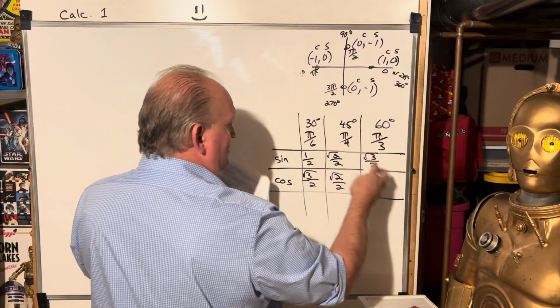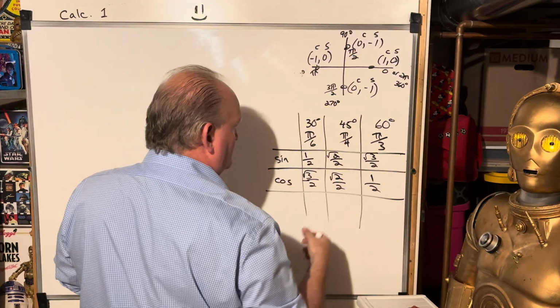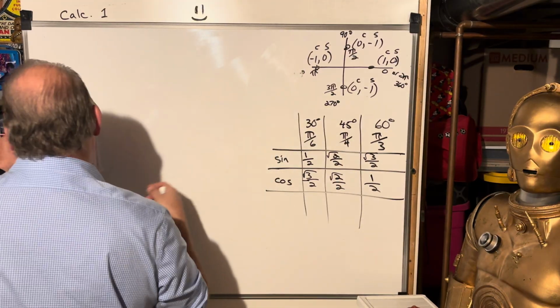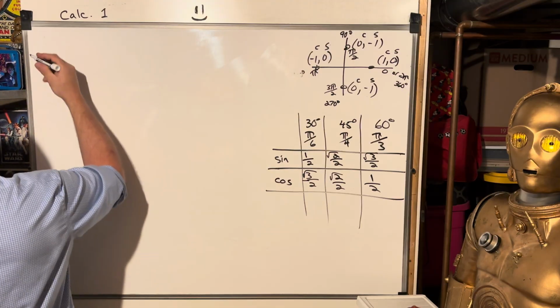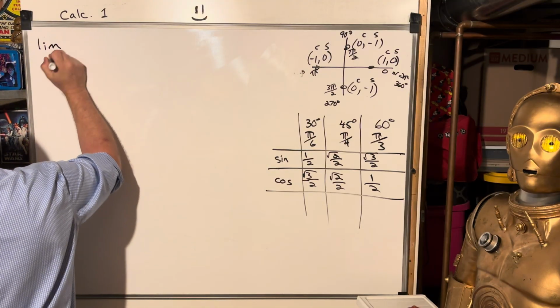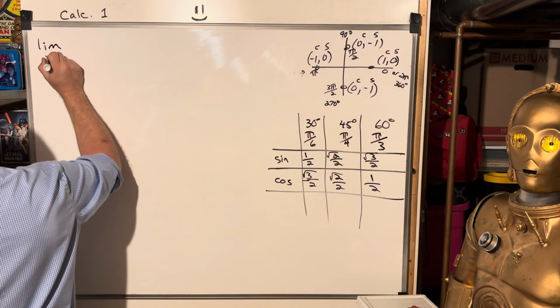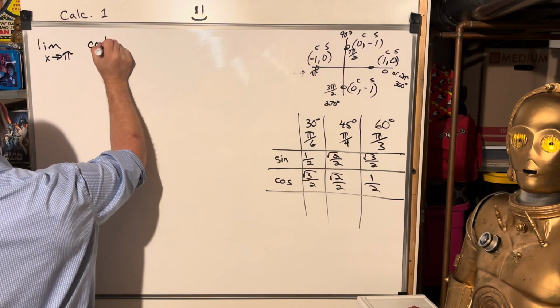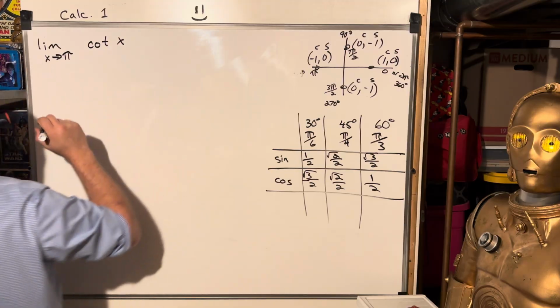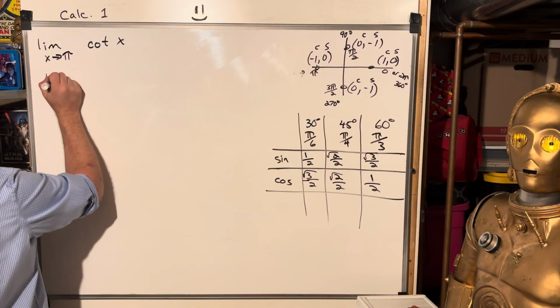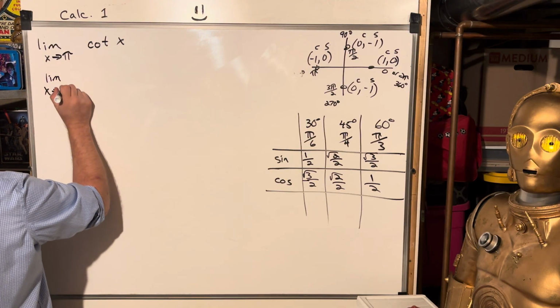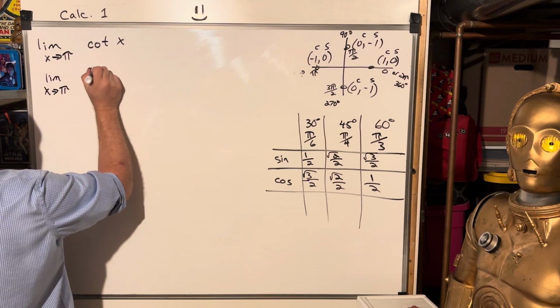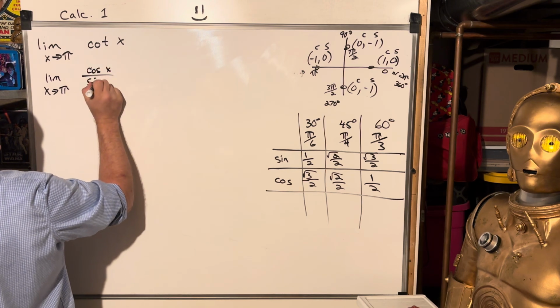And then you don't have to pull that out of your memory when you're trying to work a problem. So when you come across a problem like the limit as x approaches pi of the cotangent of x, now we can rewrite it as cosine x over sine x.